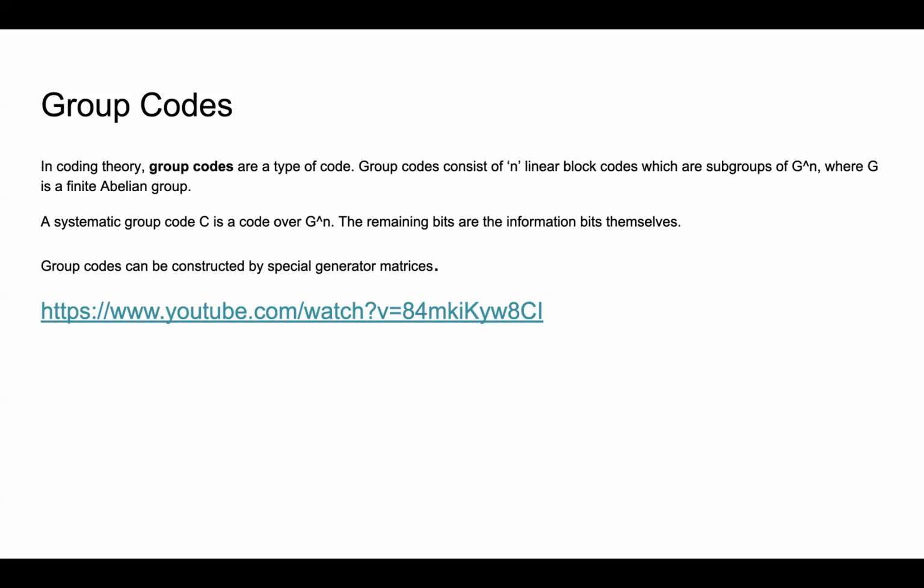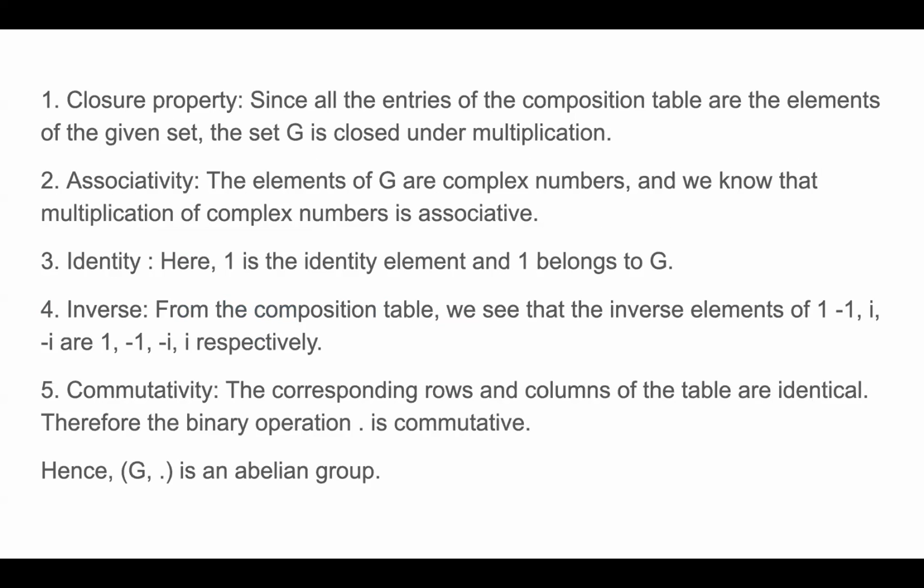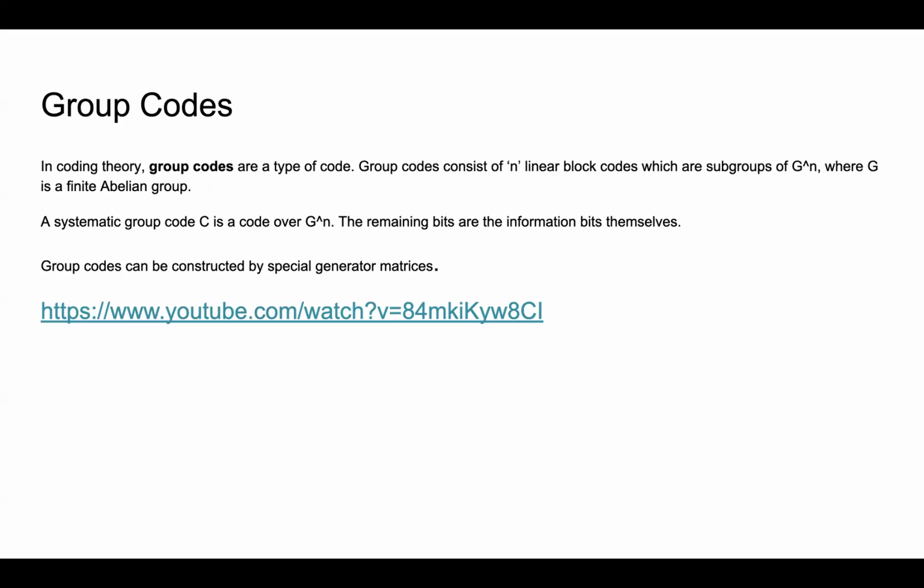These are the group codes. We had started it in the last lecture itself, but the network was not stable in college, and that's why we had to stop at that point. So it is group codes.